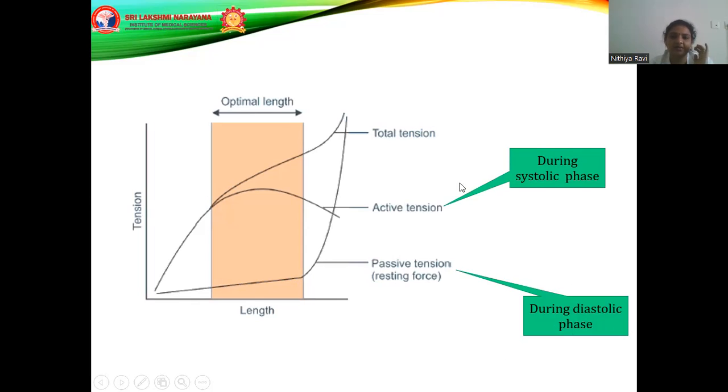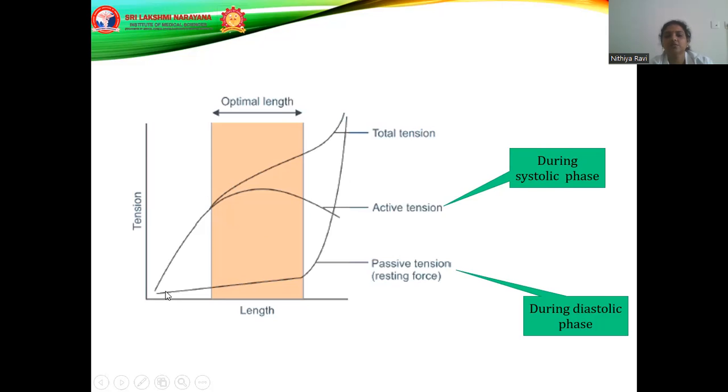And next is the active tension. Active tension increases with the increase in the length of the muscle fiber, reaches a peak, and then beyond the optimal length, it starts to decrease. This is studied during the systolic phase of the heart. So why does this happen?